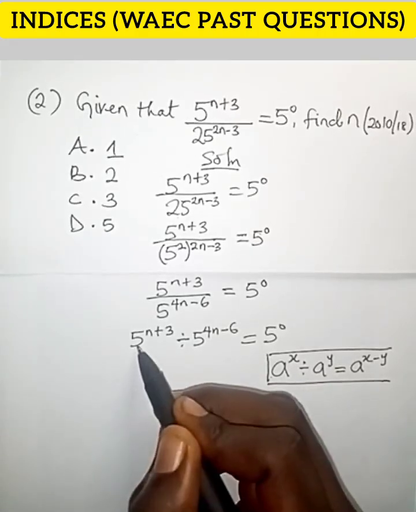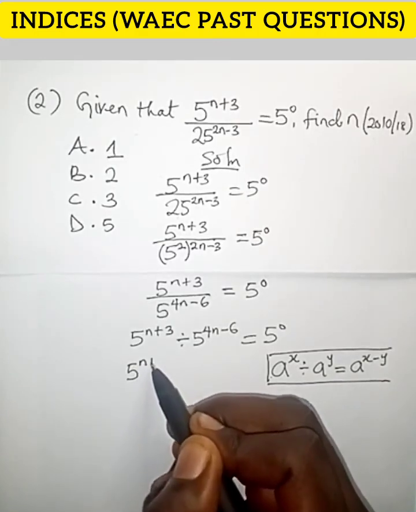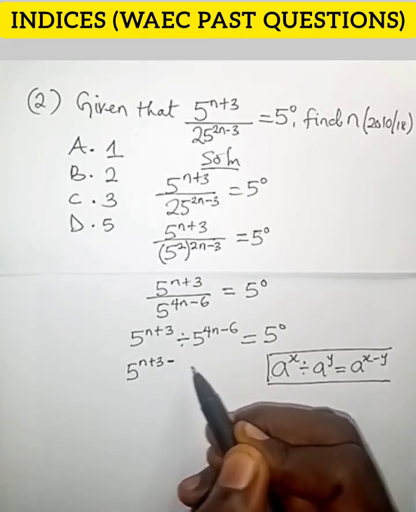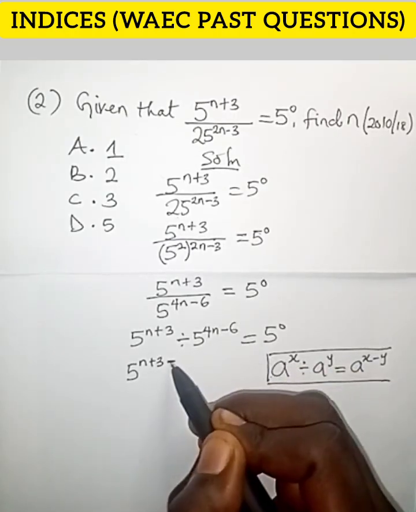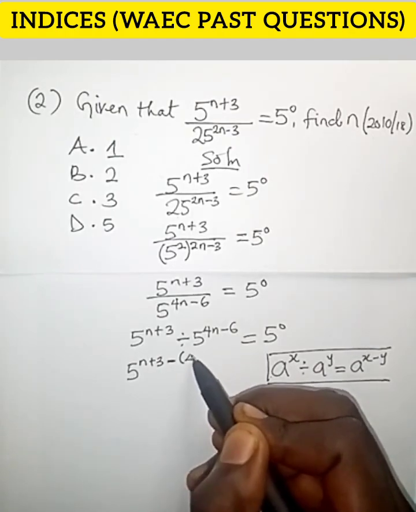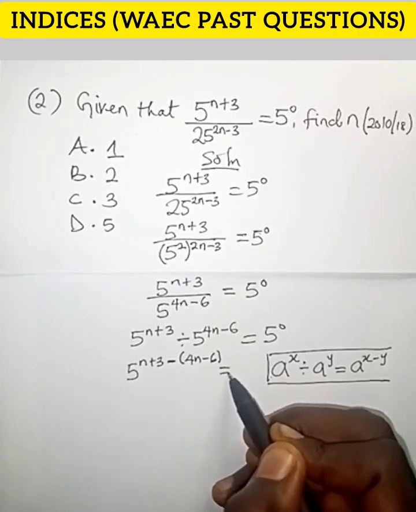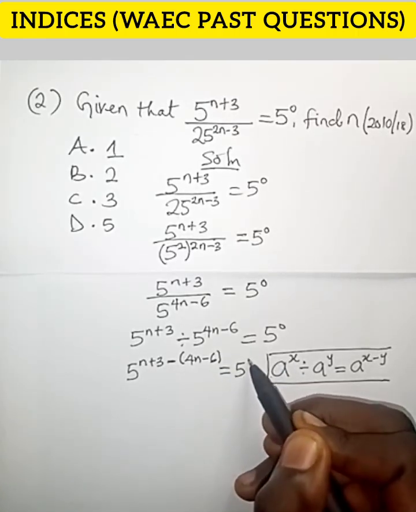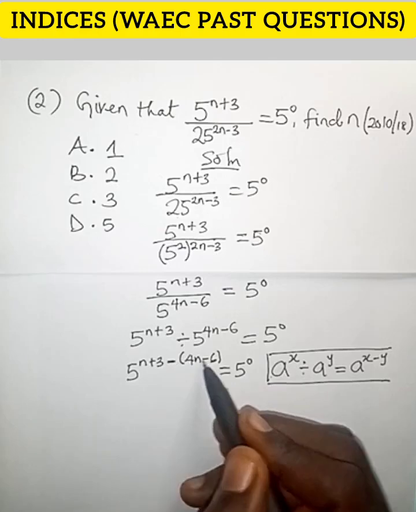I'll pick one of the base, then subtract the powers, n plus 3 minus. When you are subtracting with negative, you open a bracket, 4n minus 6, and close it, equal to 5 raised to power 0.